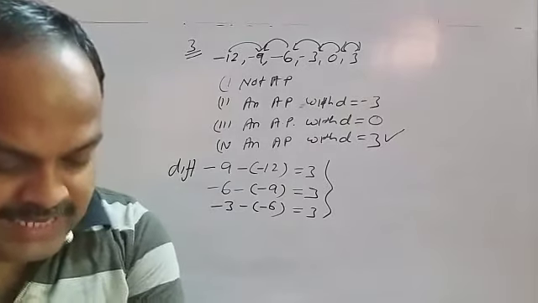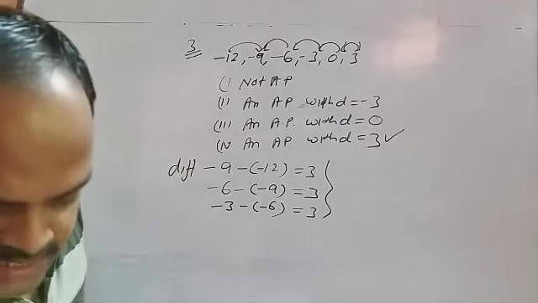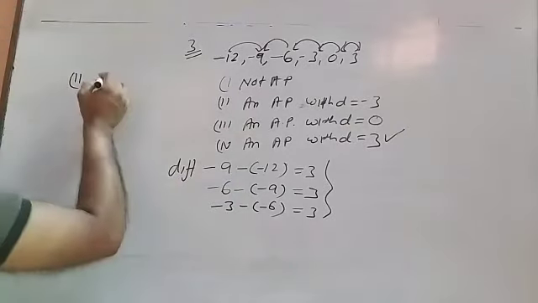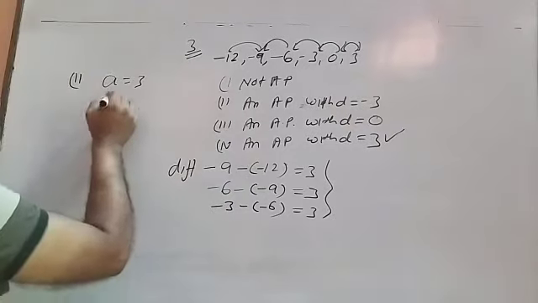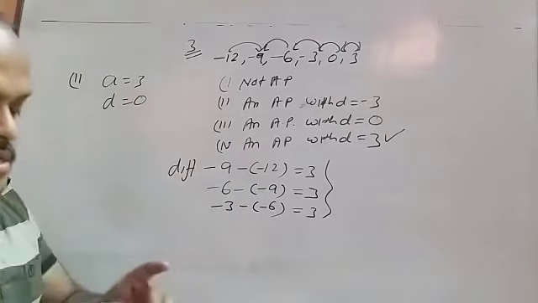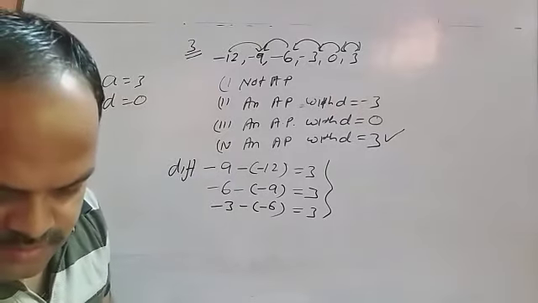If in an AP, second part of this question, A is equal to 3, D is equal to 0. A is the first term and the common difference D is 0.